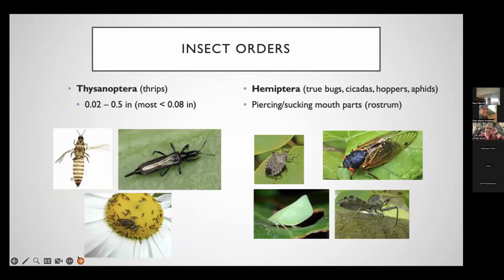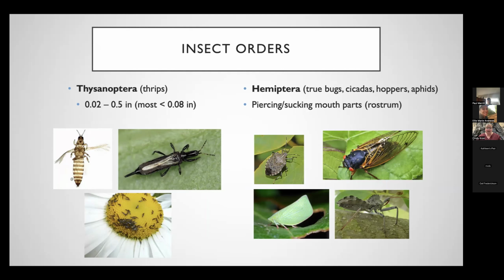Thysanoptera, which are your thrips. I think pretty much every grower has had to deal with thrips at some time. You can see they're pretty tiny. As this is a flower, you can see there's probably like 30 of them on there. So certain species of thrips are major economic problems in crops.